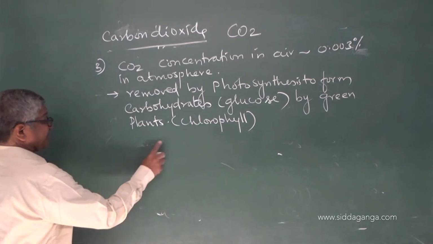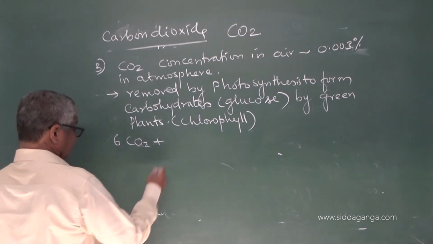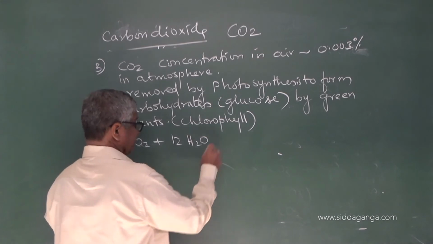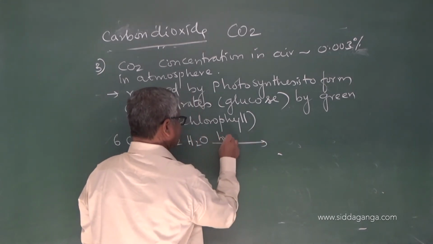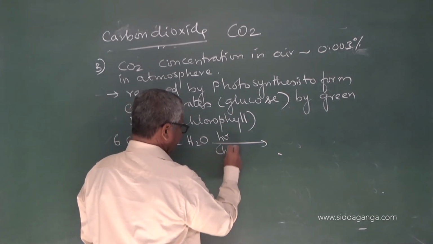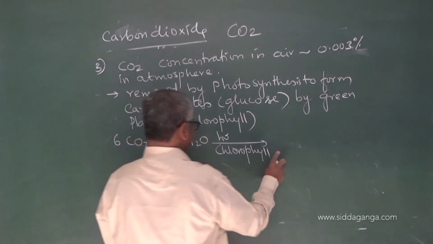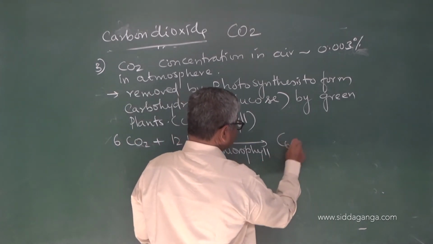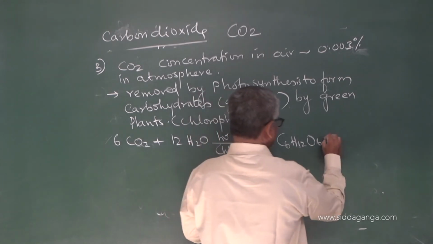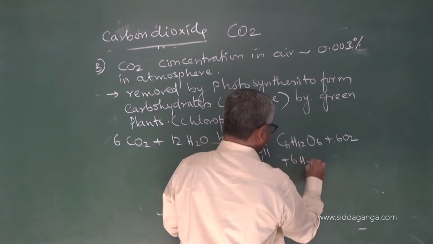The reaction is 6 carbon dioxide reacts with 12 water molecules in presence of sunlight and chlorophyll to form C6H12O6 and 6 oxygen with 6 water molecules.